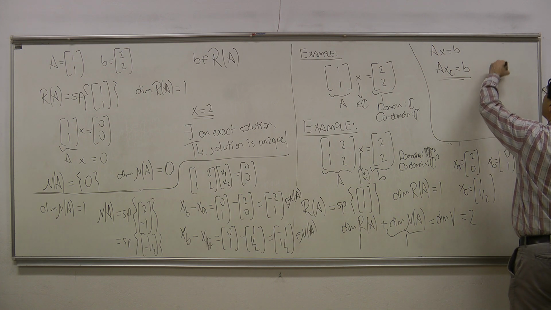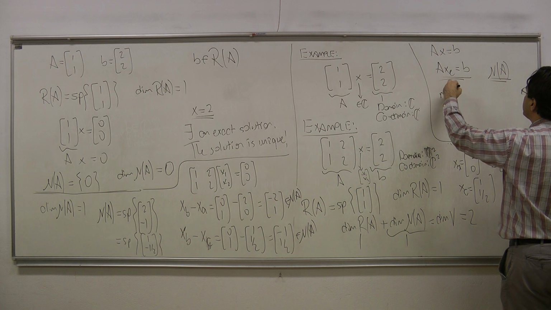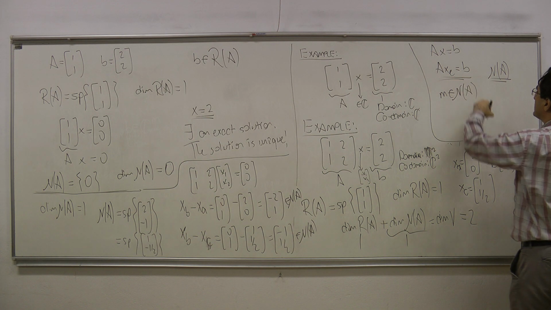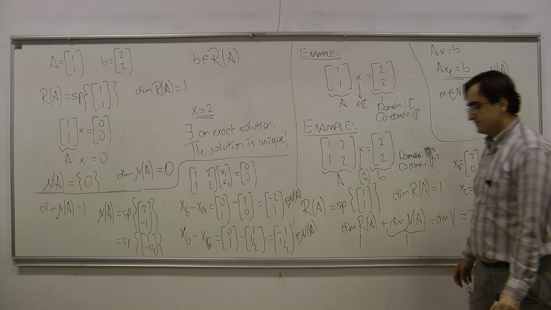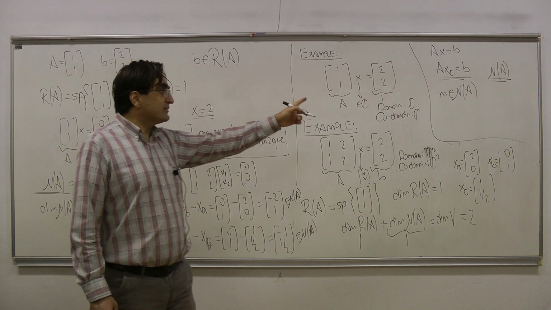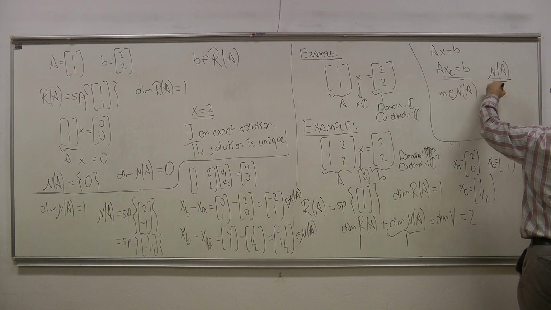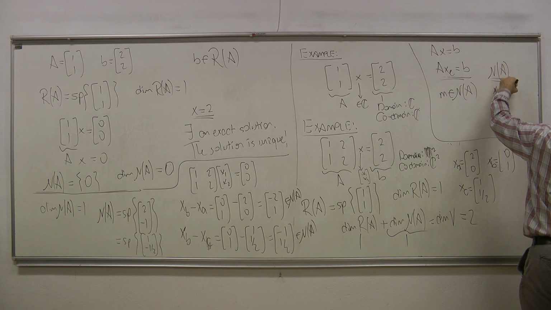Suppose that I also have the null space of A, and suppose that I find a vector M inside the null space of A. Now I am going to add that vector M into my exact solution. So I will write XE plus M.